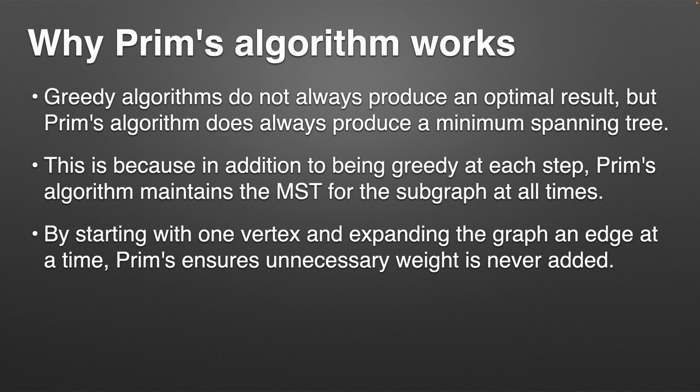You never add anything that puts excess weight anywhere in the graph, and for that reason the greedy approach works. You can think of the graph you have as being a subgraph of the bigger graph, and that is what lets this greedy approach work for us.